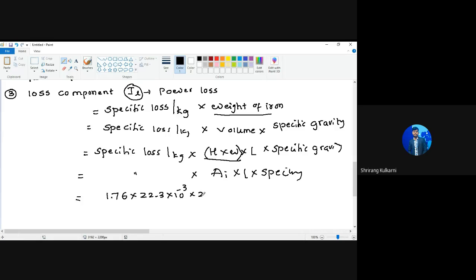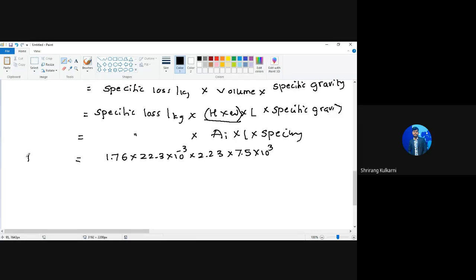L value is 2.23. Specific gravity value is 7.5 into 10 to the power of 3. If you multiply all the things, you will get the power loss, 665.13 watt.